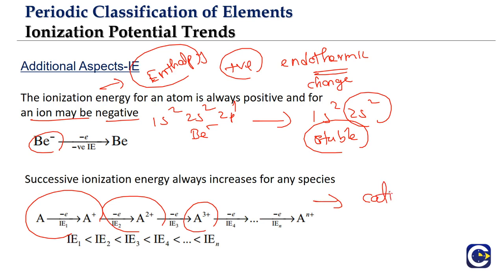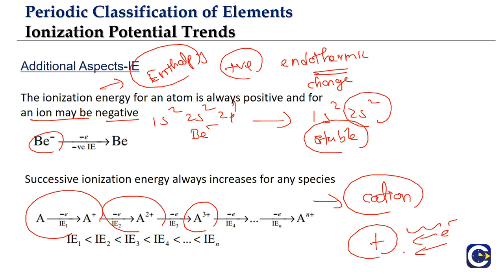We are removing an electron from a cation. Cation means positively charged, so it will be attracting the electron. Removing an electron from that is going to require even more energy than removing an electron from a neutral atom.